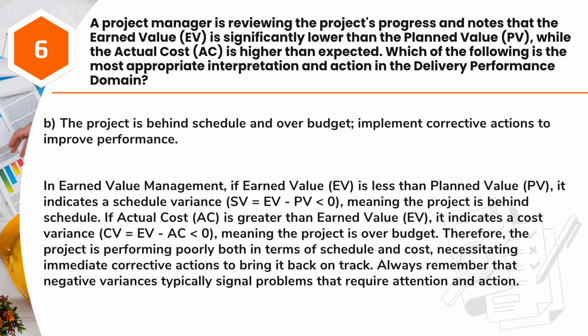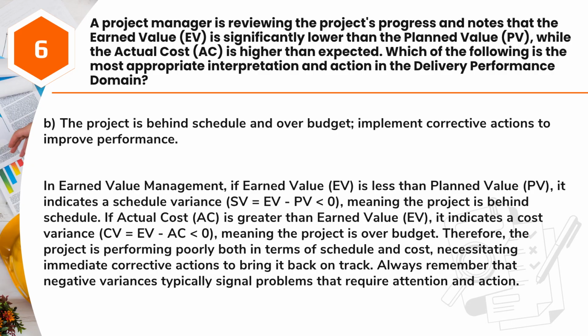Answer: B. The project is behind schedule and over budget, implement corrective actions to improve performance. In earned value management, if earned value, EV, is less than planned value, PV, it indicates a schedule variance, SV equals EV minus PV, less than 0, meaning the project is behind schedule.